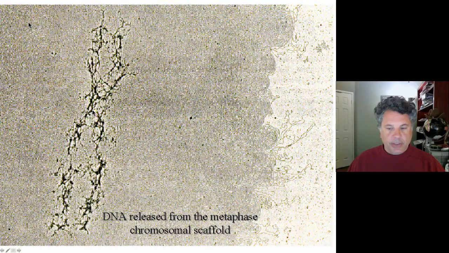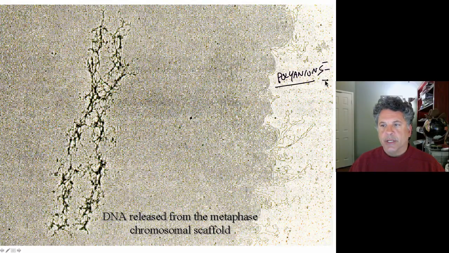And what Oscar Miller did, prior to examining these chromosomes by electron microscopy, is he gently dissociated cells and nuclei to release the chromosomes and then treated them with polyanions. And you know what anions are. They are negatively charged molecules. And polyanions are negatively charged molecules that are in long chains.